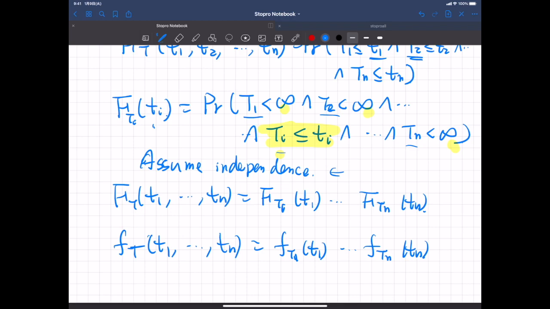Also, for simplification, we assume they are identically distributed. So all these density functions are actually the same function, and we could write f of t1, f of t2, and so on.